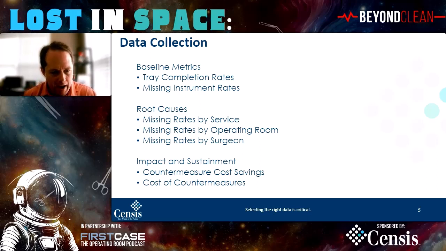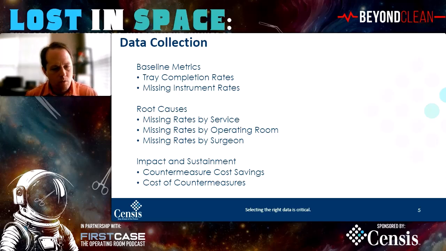But in aggregate, what we should see is differences between the different operating rooms, different surgeons, and different scrub techs. If it is indeed the case at your facility that you've got a scrub tech that's throwing things away that shouldn't be thrown away, you should see a higher missing rate from that room, right? So we want to start tracking back to root cause here.